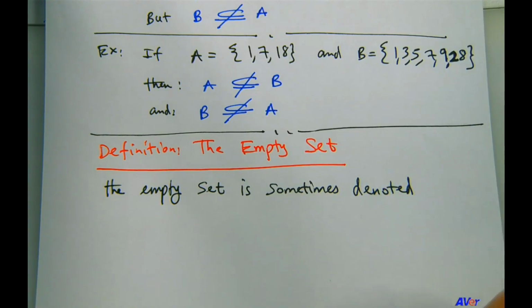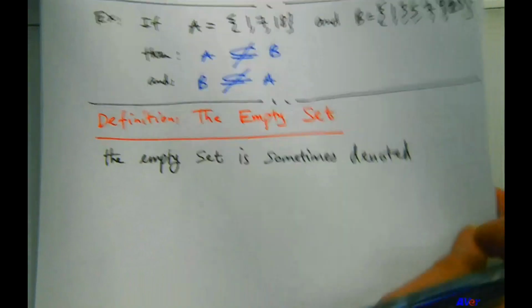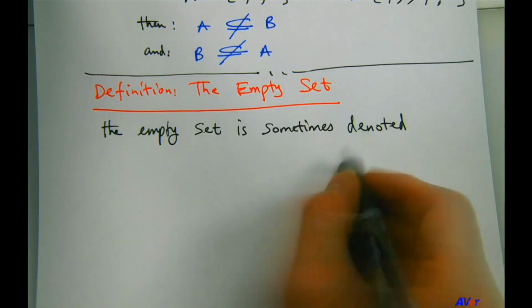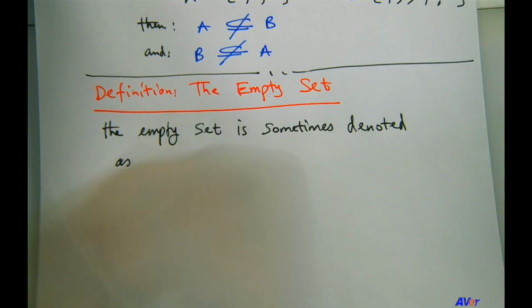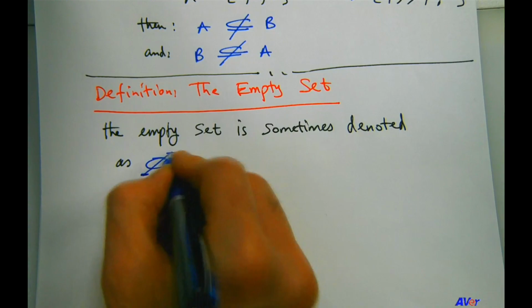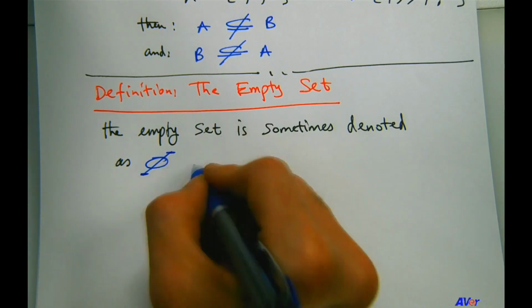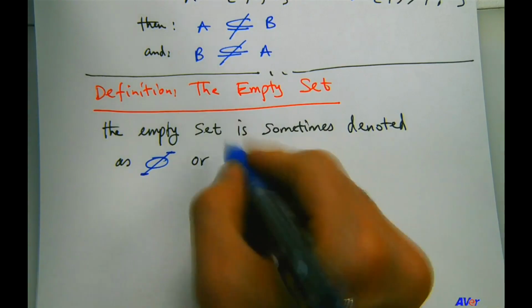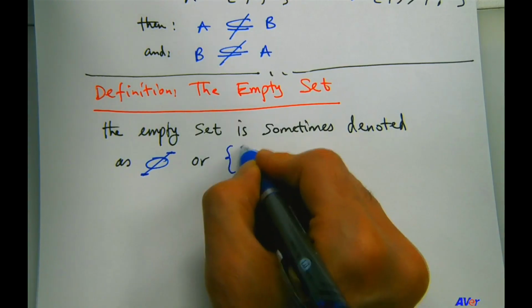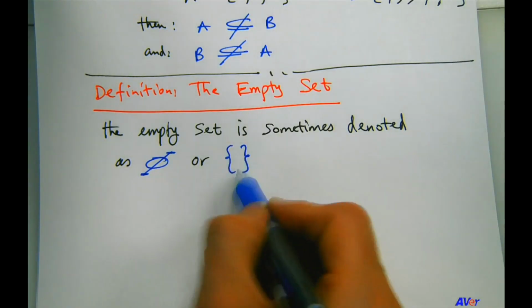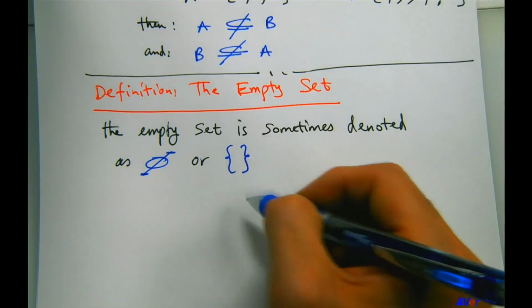So the empty set has its own notation. The empty set is sometimes denoted as the letter phi in the Greek alphabet, or another notation for the empty set is two curly braces facing each other with nothing in between.